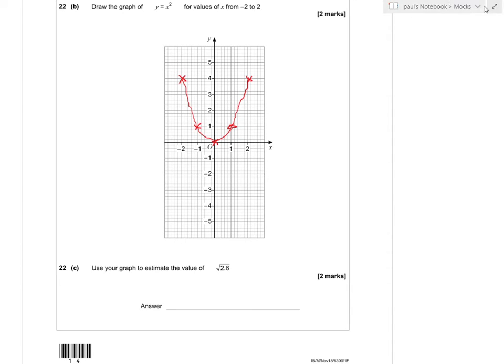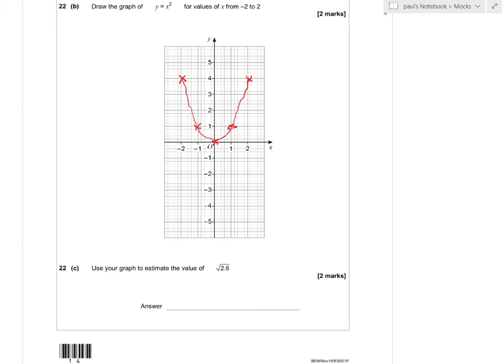Is it because, so the square, hang on, so that is x squared. So if I square root y, I will get x.